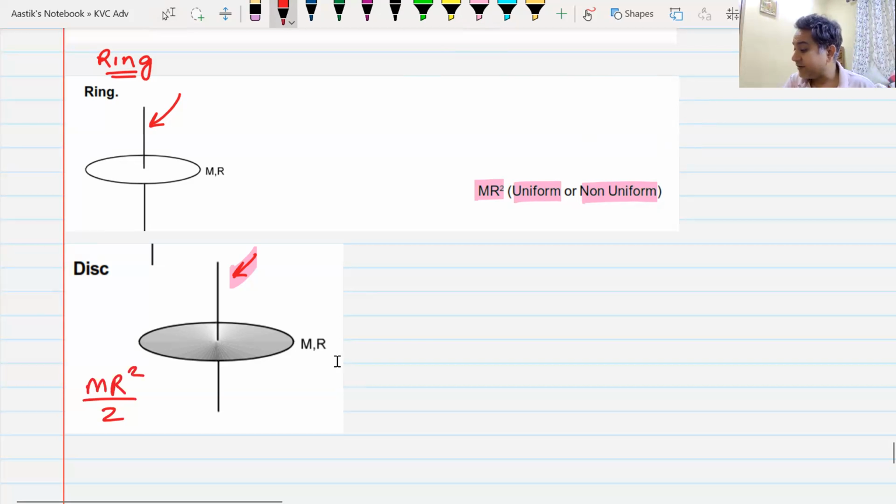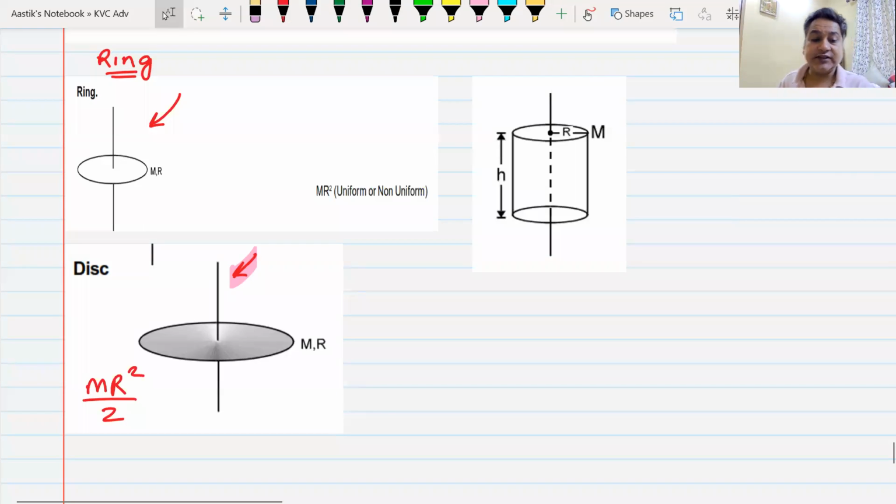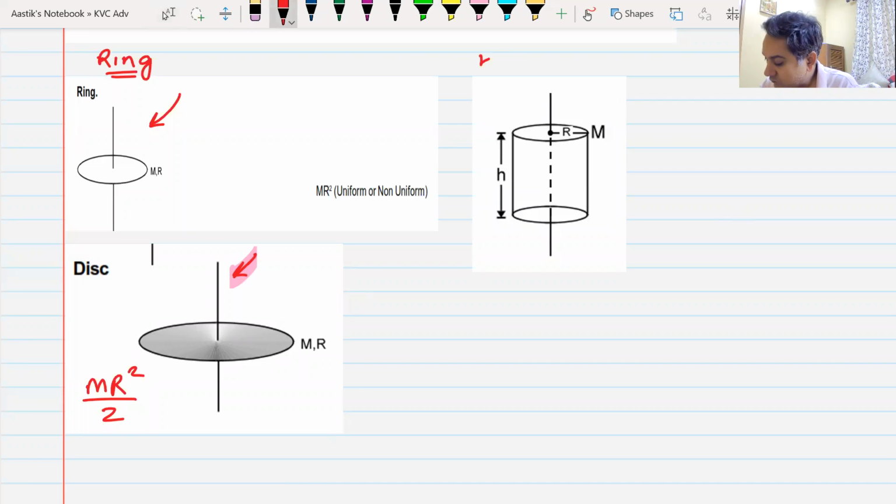Now, instead of a ring, if I have a hollow cylinder, this is a hollow cylinder, about an axis which passes through the center, we call it the axis of the cylinder. The mass of the cylinder is m, the radius of the cylinder is r, and the height of the cylinder is h. What is the moment of inertia of this one? Hollow cylinder.